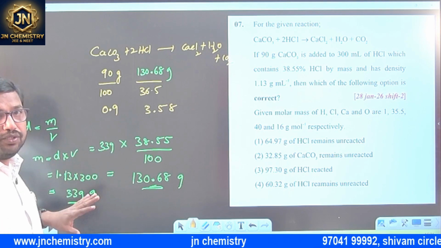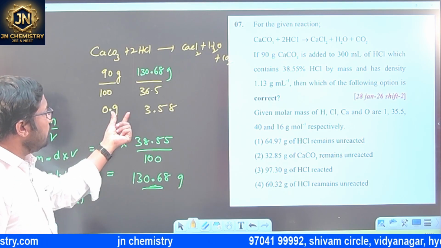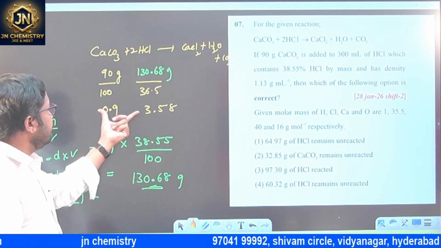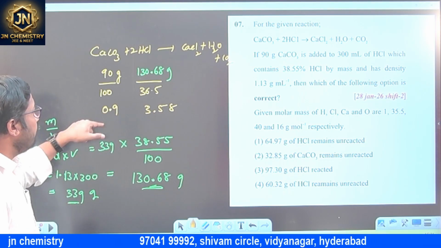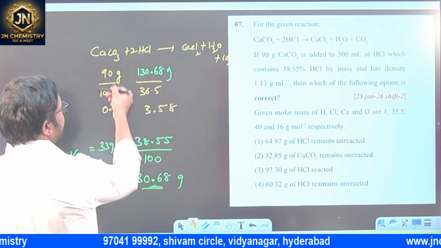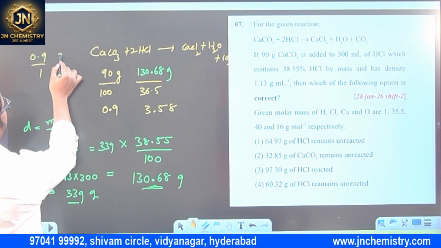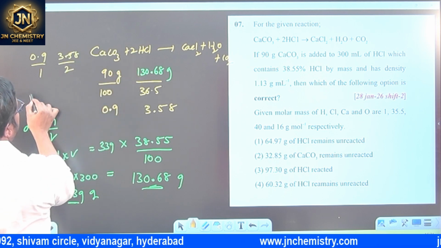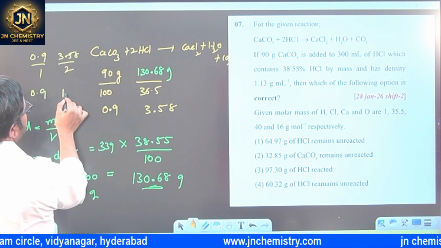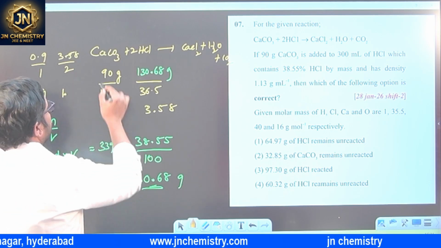Now we have to start the process. Which one is the limiting reagent, as I already told you in the first question? We divide 0.9 by 1 and 3.58 by 2, because the coefficient is 2. It is 0.9 versus 1 point something, so CaCO3 is the limiting reagent.